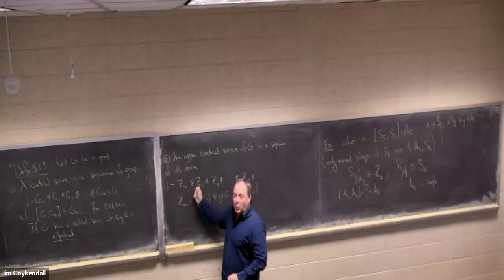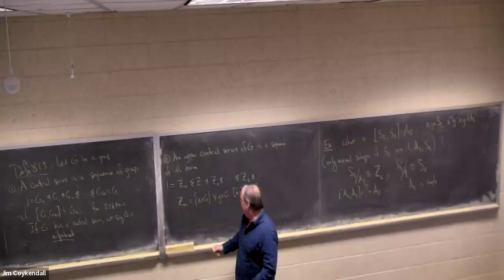So for example, Z1, how is that defined? Well, Z0 is just the identity.